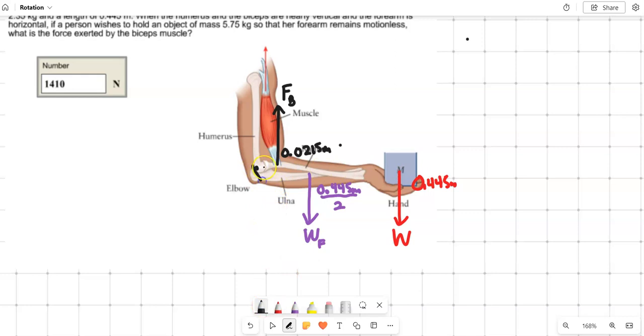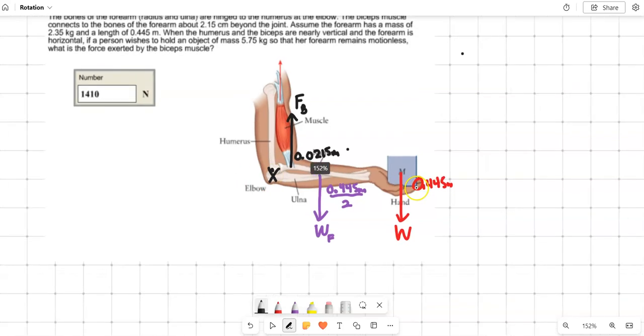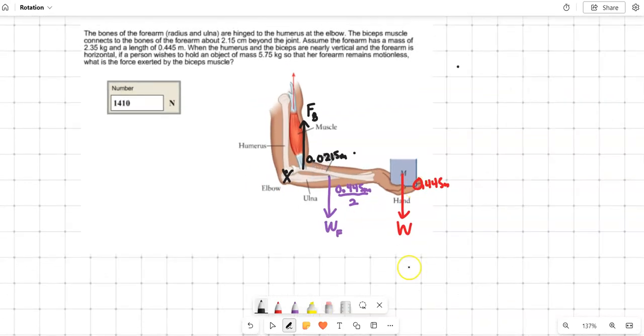So right now, initially, we're going to choose this as our pivot point. We're going to do this problem a little bit quicker than we did the last problem.